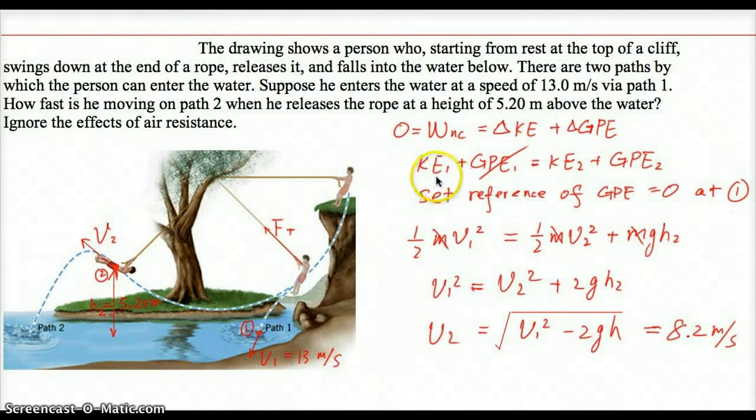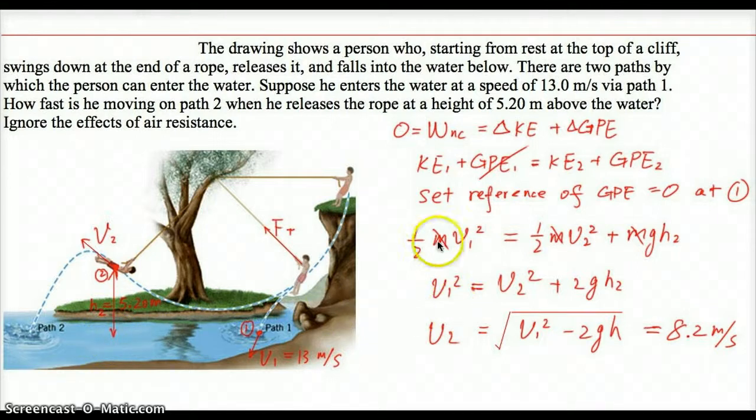And we also know the initial velocity here, so we plug in everything, replacing KE1, KE2, and GPE2 with their corresponding formulas. So 1/2 m v1 squared equals 1/2 m v2 squared plus m g h2. So h2 is the height of position 2 above the reference.